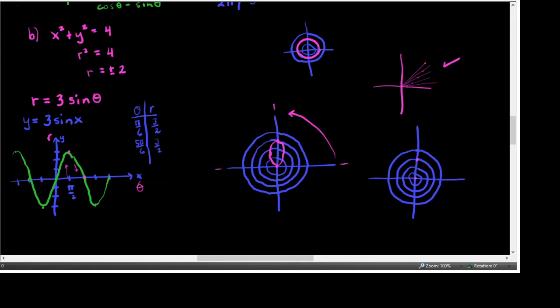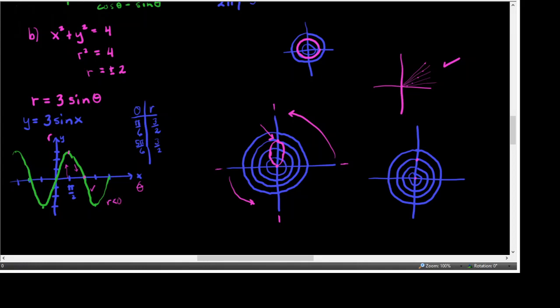I wanted you to see that too, so I'll do that back here on the first one. So if I go to 3 pi over 2, which is this one right here, the answer is -3, which gives me that point right there again. And in between, as I was moving from pi to 3 pi over 2, notice that this graph is below the x-axis, which meant that r is negative.